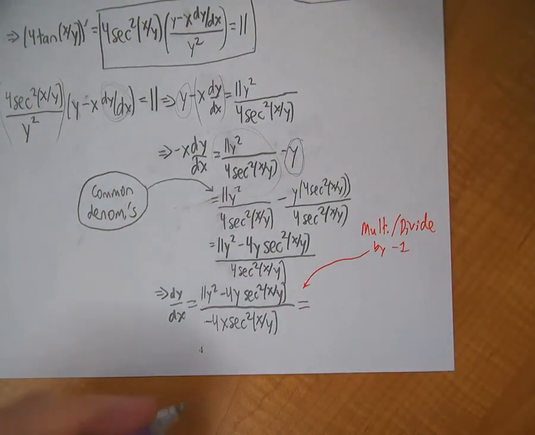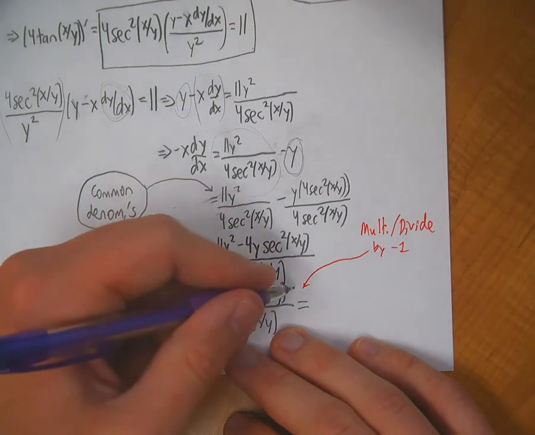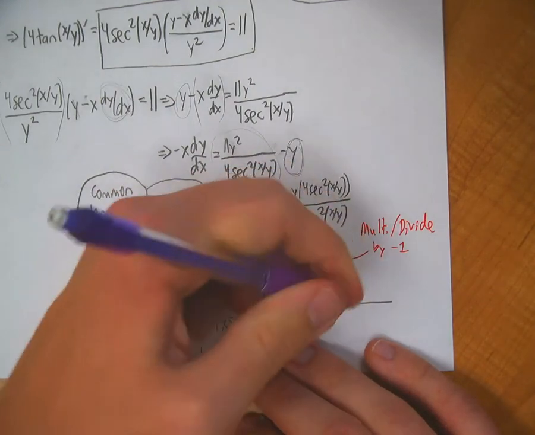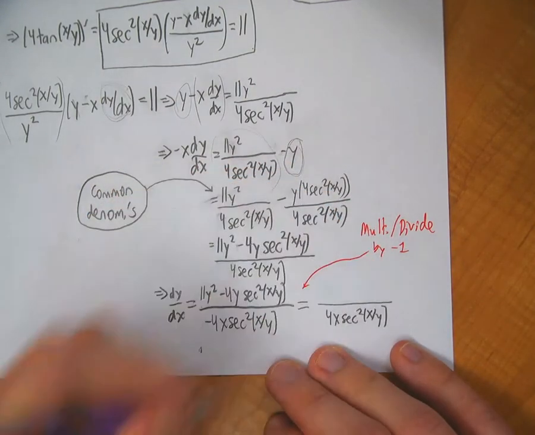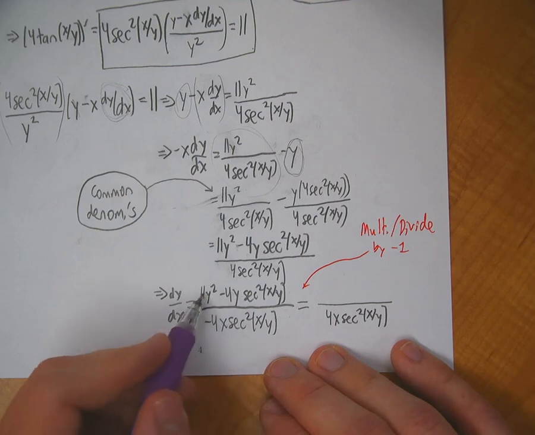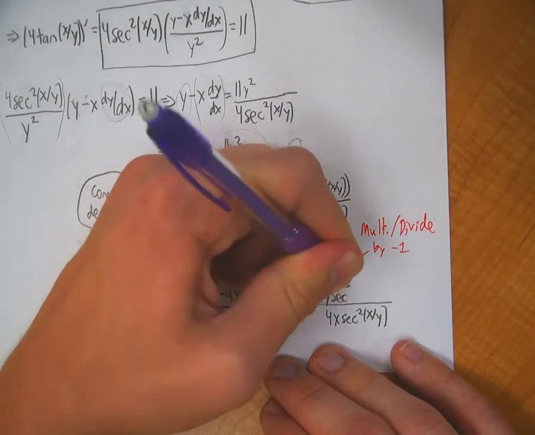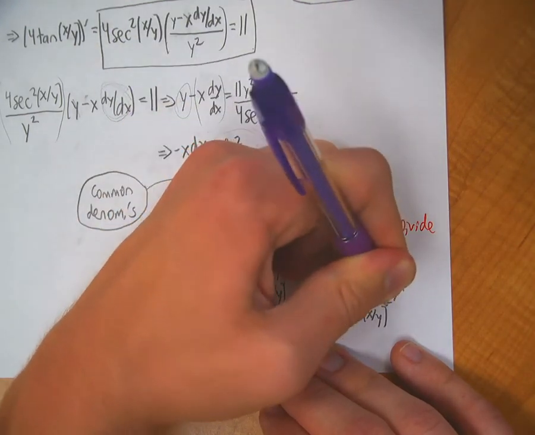So if you do that, if I have a negative 1 on top and bottom and distribute, then on the bottom I would just have 4x times secant squared of x divided by y. And if I distribute negative 1 onto these two terms here, this can be rewritten as 4y secant squared of x divided by y minus 11y squared.